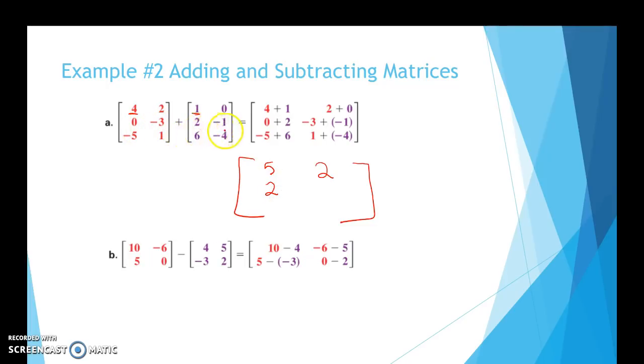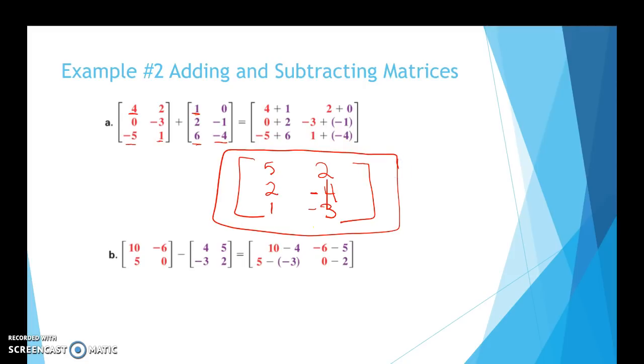Add -3 and -1 to get -4. We add -5 and 6 to get 1. And we add 1 and -4 to get -3. So notice there, I added numbers that were in the same position within the two different matrices to get my final answer here. So this would be my answer if we added those two matrices together.